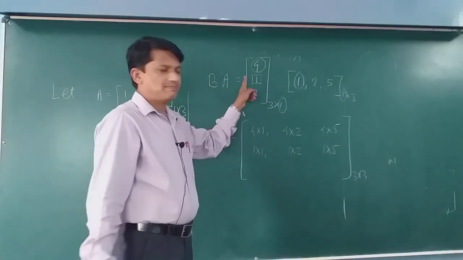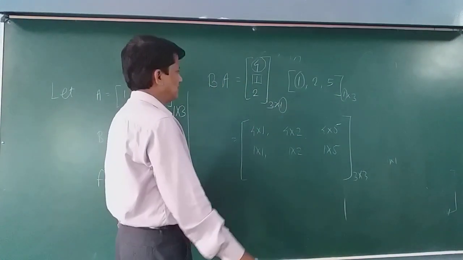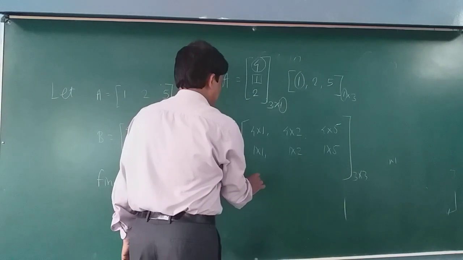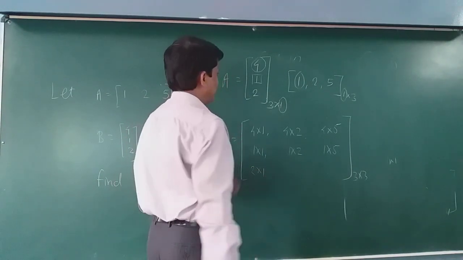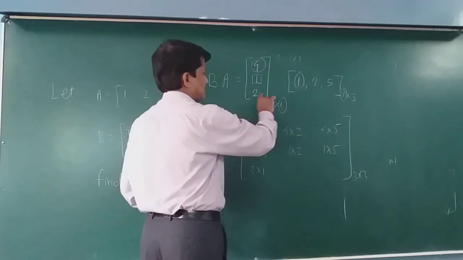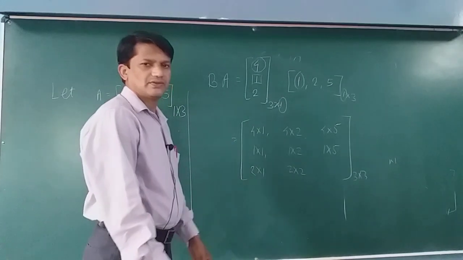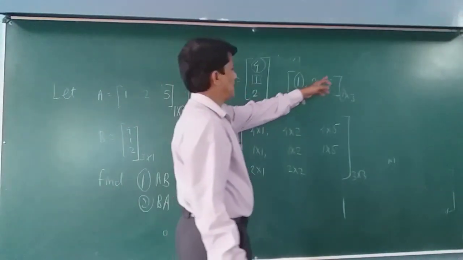Thus we have multiplied our second row with the given columns. Third one: 2 multiplied by 1, then 2 multiplied by 2, and here 2 multiplied by 5.